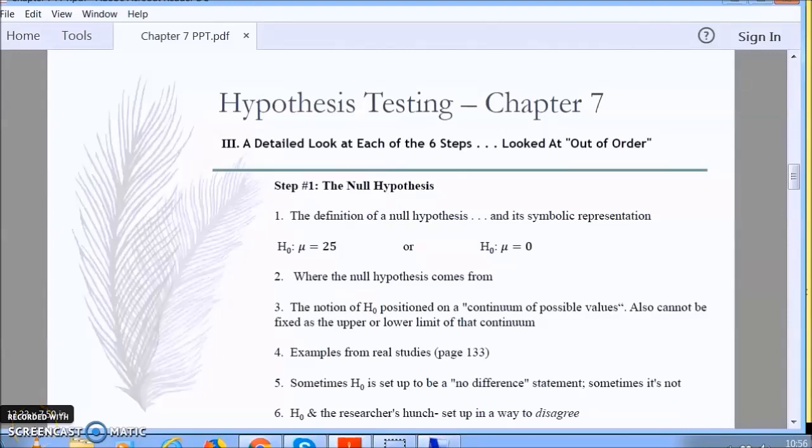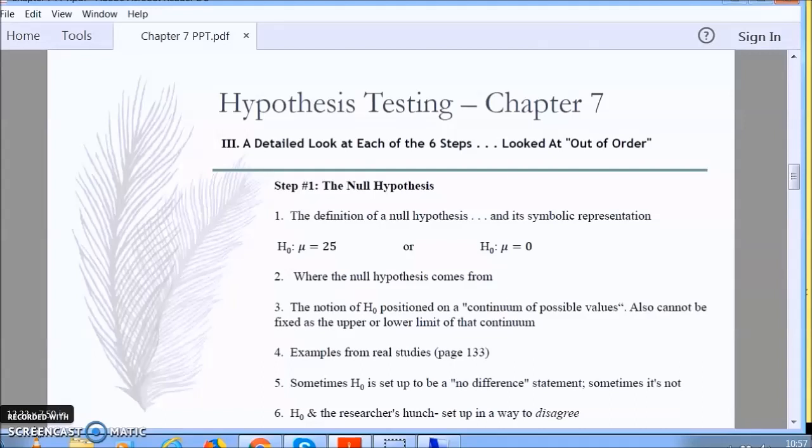So the way to write the null hypothesis is you put H naught with a capital H and the 0 as the subscript, which we were talking about is the symbol for the null hypothesis. Then you put a colon, then the parameter symbol that indicates the researcher's statistical focus. Remember that this is the parameter symbol.